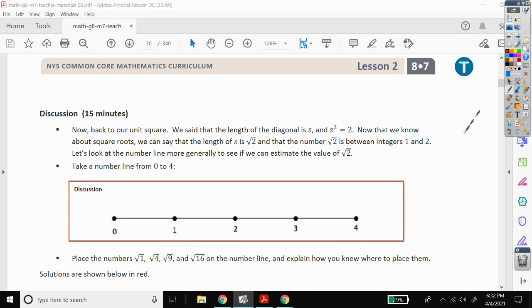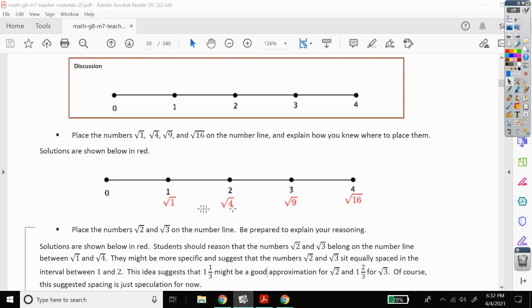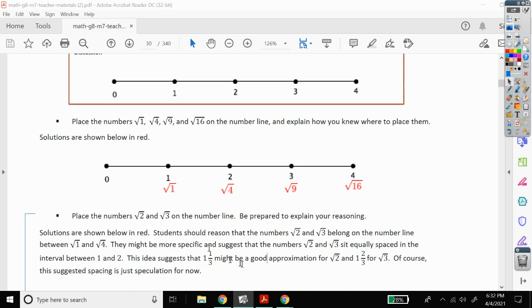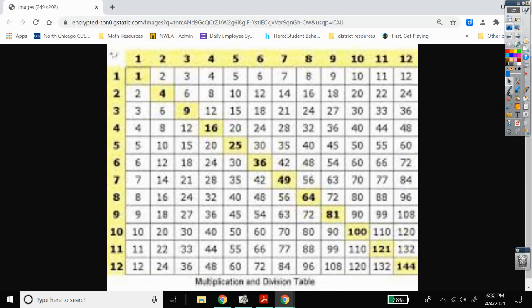So let's take a look. Scroll down a little bit. Here are our numbers: 1, square root of 1, square root of 4, square root of 9, square root of 16. What about the square root of 2 and the square root of 3? If I look on my doubles chart, the square root of 1 is 1, the square root of 4 is 2. So the square root of 2 and the square root of 3 should be between these.